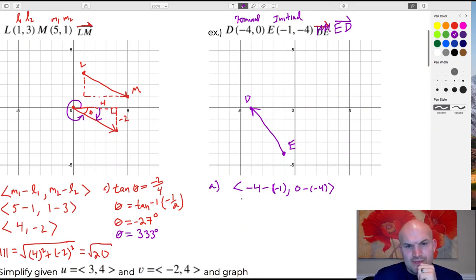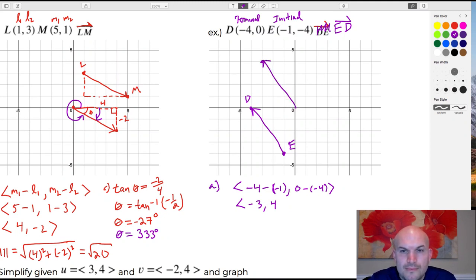Now we can go ahead and get this, and this is going to be <-3, 4>. To graph that, I go -3, 1, 2, 3, and then up 4, 1, 2, 3, 4. There's your E, and there's your D. So now that is my vector sketched in component form.